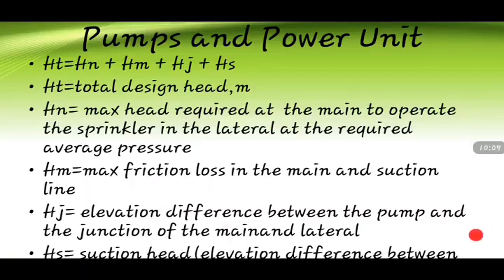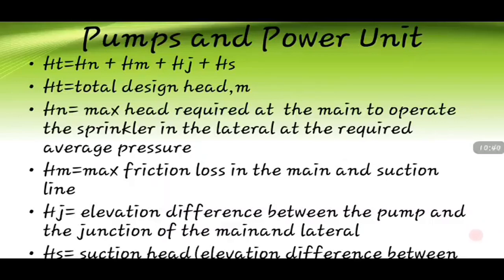So HM is the head loss from the suction to the main line. HJ is the elevation difference between the pump and the junction of the main and lateral. HS is the suction head, or the elevation difference between the water source and the pump.